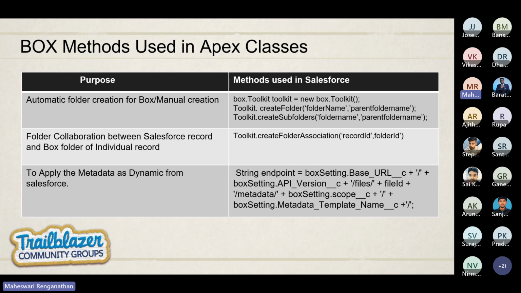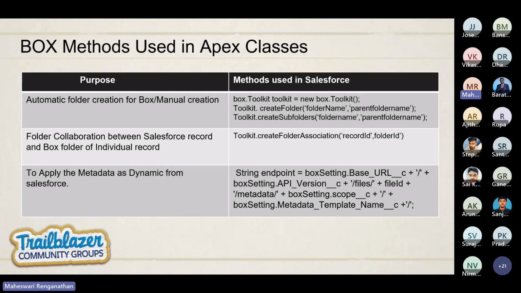So far, we are using 10-plus objects in Box, and it is easily configured in custom metadata to hold the Box folder names and also subfolder names. For example, we are using account, contact, opportunity, cases, and claims. For the account, we may have many record types, right?